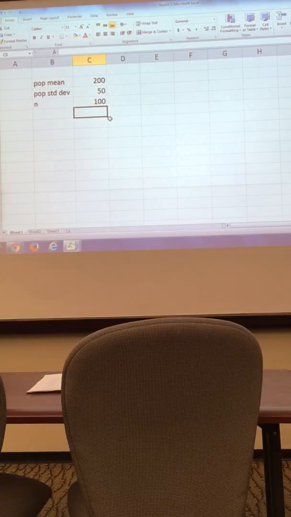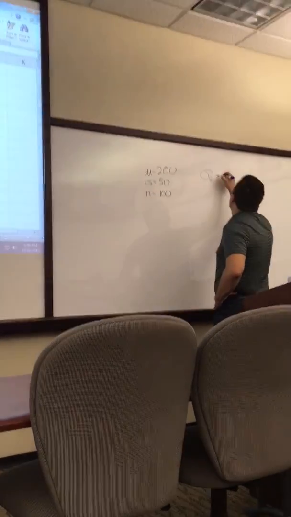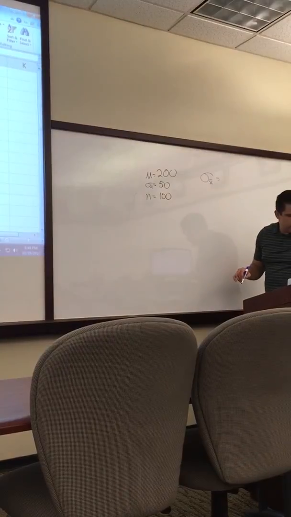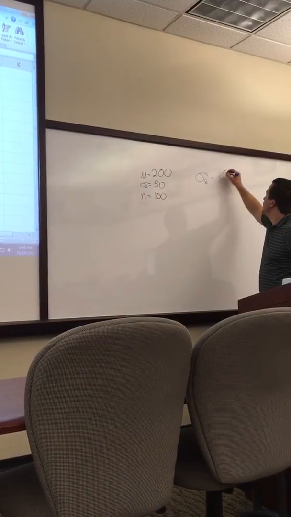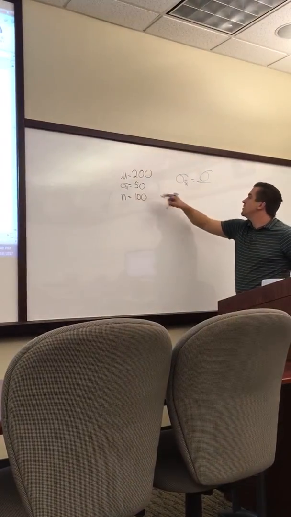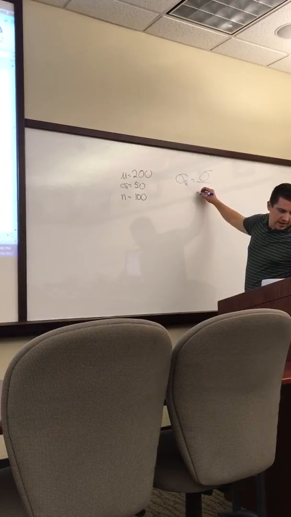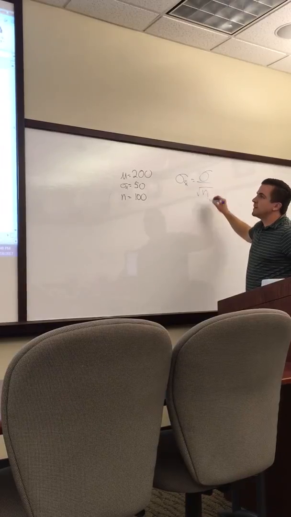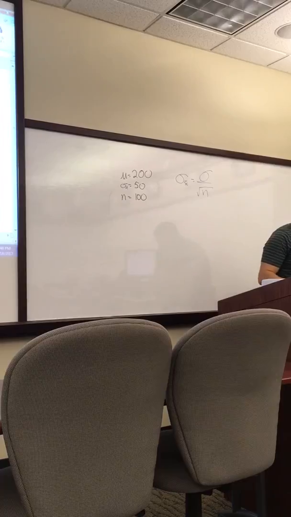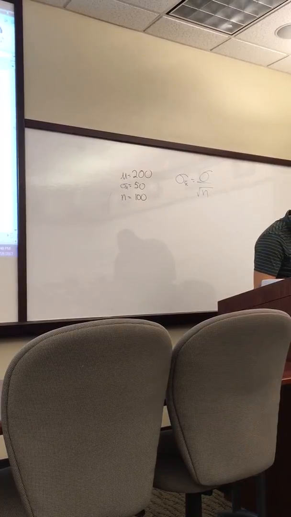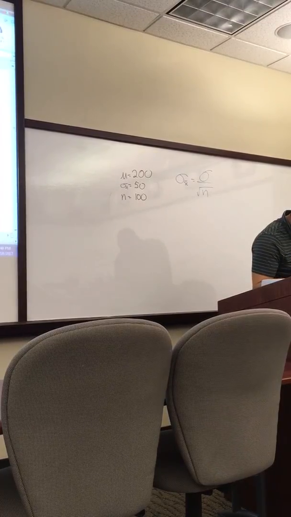So our standard deviation for a sample is going to be equal to the standard deviation of the population divided by the square root of our sample size. We'll get to why that's important in a second.